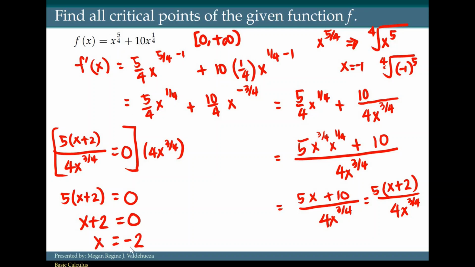So x equal to negative 2 as our critical point cannot be. So negative 2 cannot be a critical point.